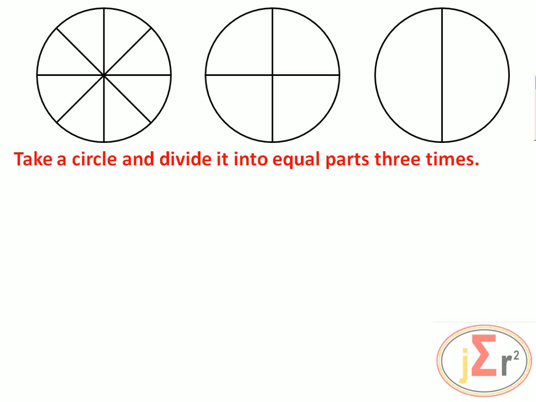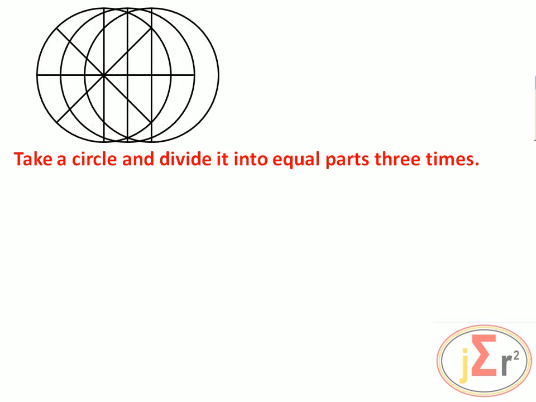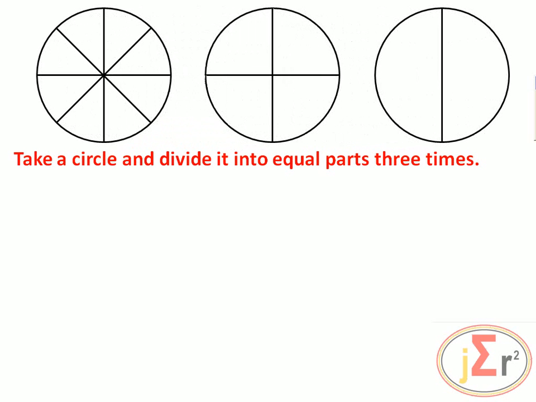So we have the same size circle, and in the first case it is divided into how many equal parts, Jerry? 8. 8 equal parts. Each part is called an eighth. And what is the denominator associated with that one, Jerry? The denominator associated with dividing an object into 8 equal parts. 8.